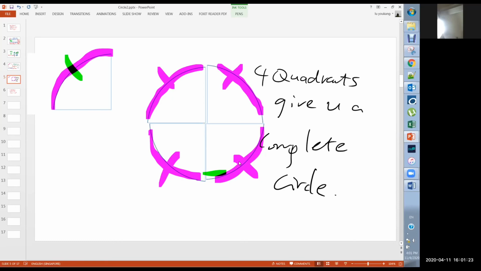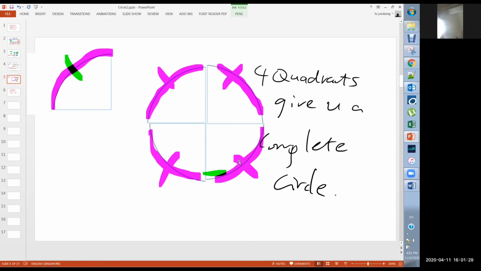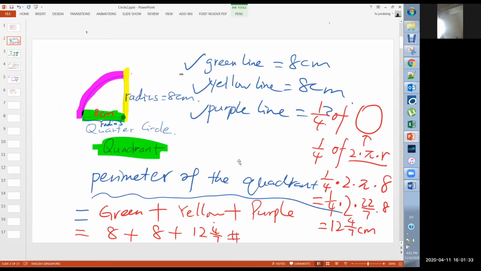This purple line is 1/4 of what? The circle. So your quadrant purple line is always 1/4 of the circle.